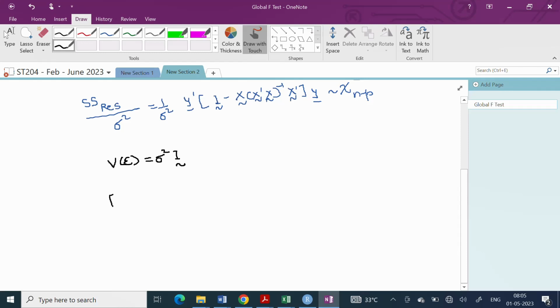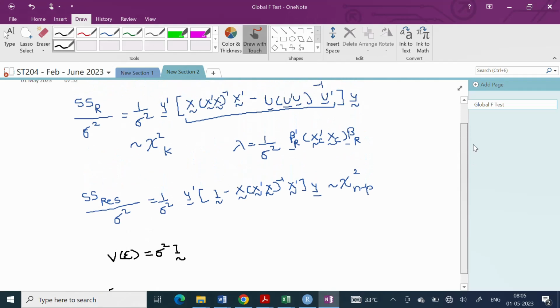That is, the first matrix coming from regression sum of squares is this.